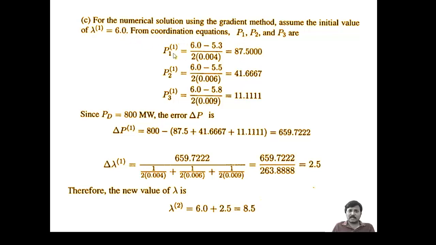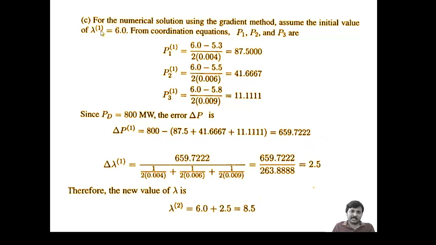For this 6, we calculate the P1 value: 6 minus 5.3, divided by 2 into 0.04, which is 87.5. P2: 6 minus 5.5, which is 41.67. P3: 6 minus 5.8, divided by 2 into 0.009, which is 11.11. If you add all these values, the sum should be equal to the demand. Your demand is 800 megawatt, and the error value we get is 659 megawatt.